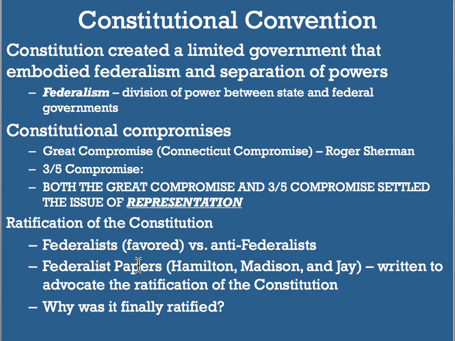They're written anonymously to be published in New York, a very important state needed to get support for the Constitution. And they're written to advocate, to push for the ratification of the Constitution. The Constitution was finally ratified when the Federalists promised to add a Bill of Rights that protects individual freedoms and restricts the power of the federal government. Then the Anti-Federalists get on board, and the Constitution is ratified.